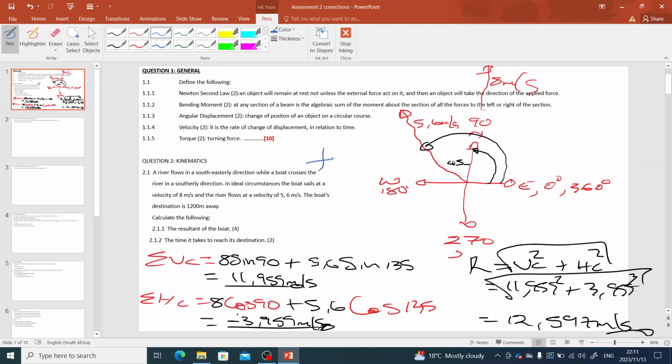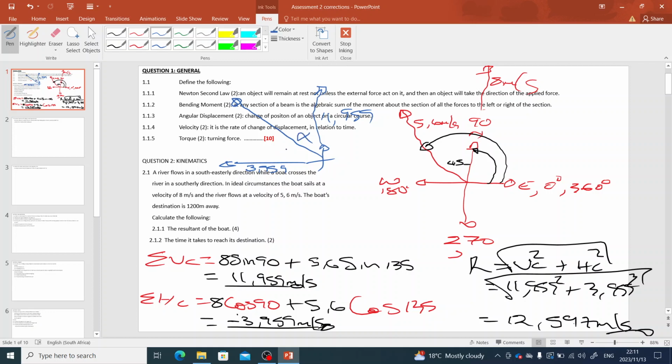It means it is heading north, because all forces going north are positive. Your vertical component there is 11,959. Then your horizontal component is negative. It means it is heading west. All forces going west are negative. It is 3,959. It means your resultant lies in the second quadrant.